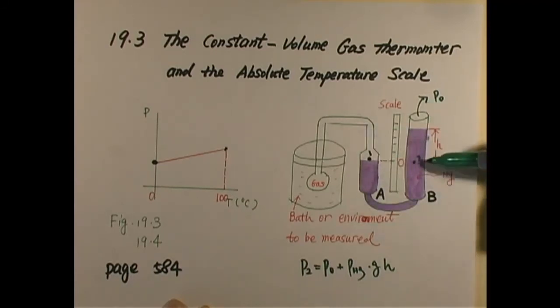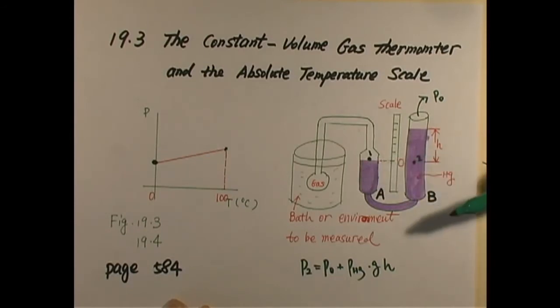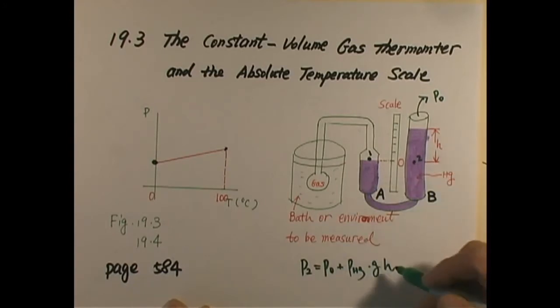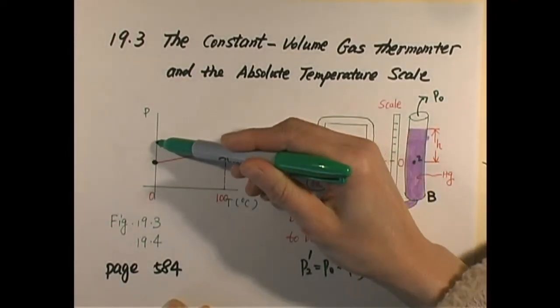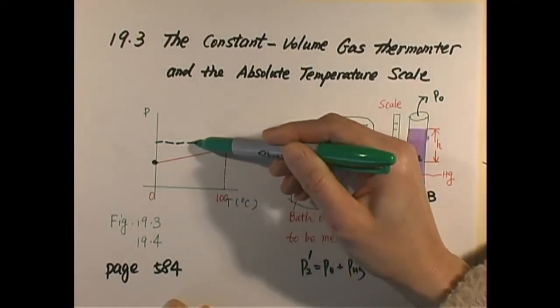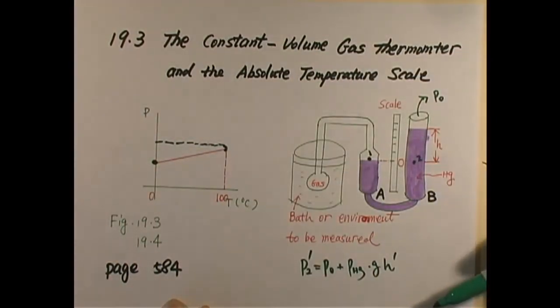This time again, we need to raise or lower the mercury reservoir B until the level reaches 0 of the scale, and then we get another different height. So the height is different, and we'll get a different pressure. Right now, if you look at the P scale, the pressure is higher. So now we obtain 2 points that give us a reference curve.